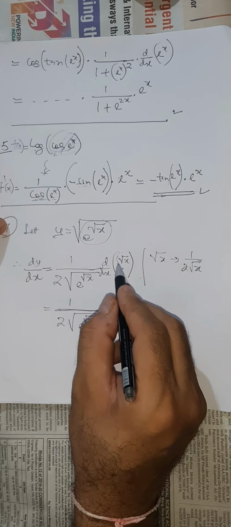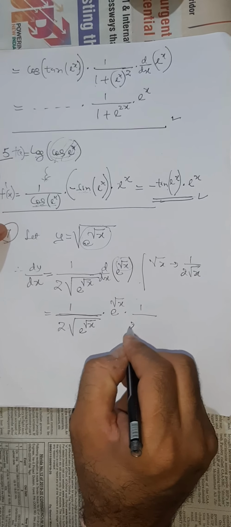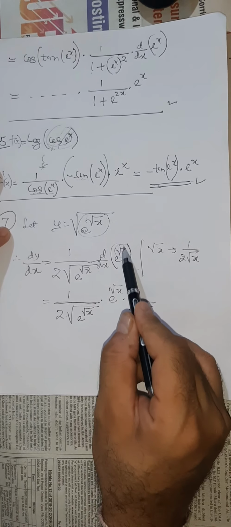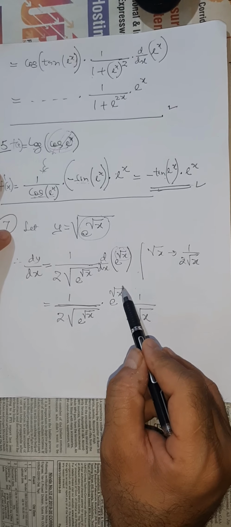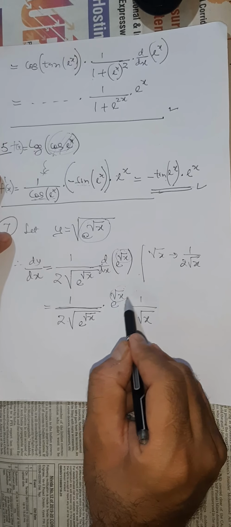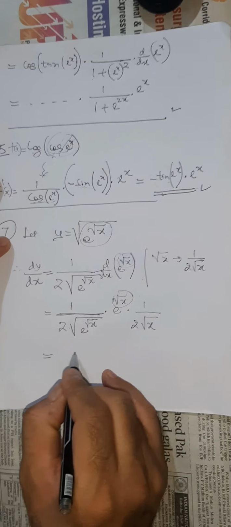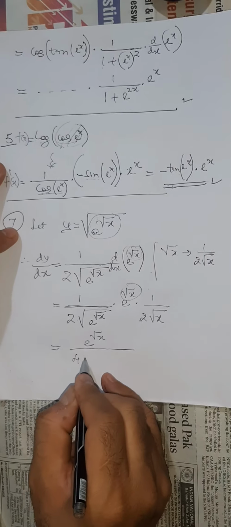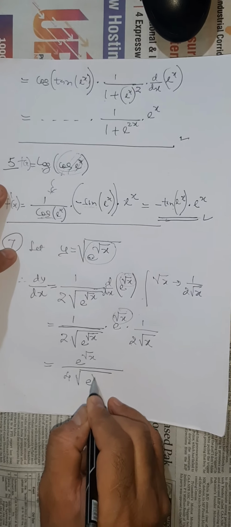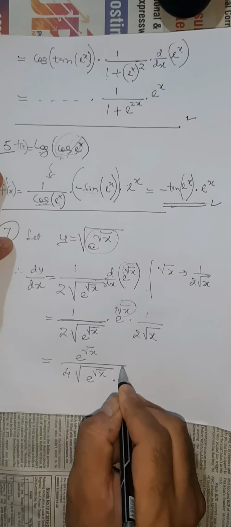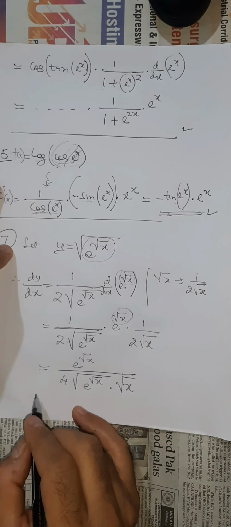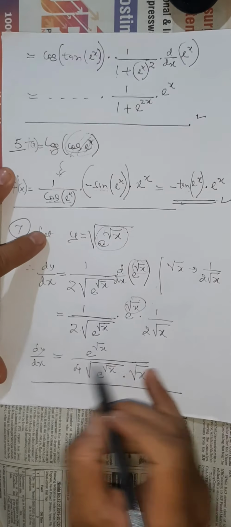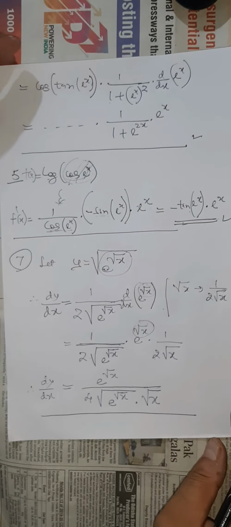By chain rule, into the derivative of root x, which is 1 upon 2 root x. So your final answer is 2 into 2, which is 4, root of e raised to root x into root x. This is your final dy by dx. That's the derivative of the given function.